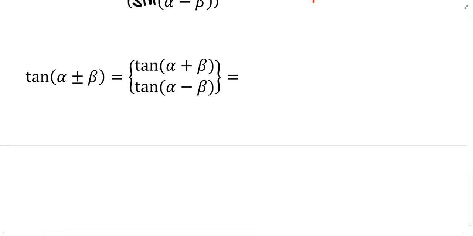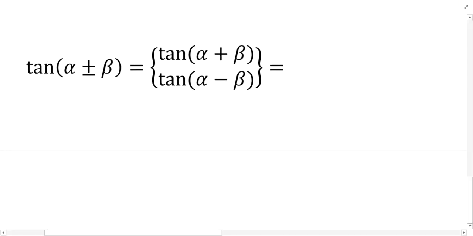As far as tangent goes, this is usually the most difficult for students to memorize. But once again, you get the context of the problem, and it tends to make a little bit more sense. This one does contain a big fraction, and in the numerator we have tangent and tangent. Those two are going to be added or subtracted with one another.